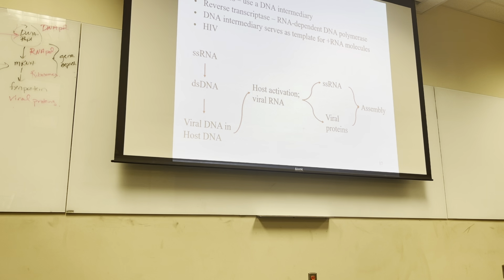It's not going to work that way. So if we can block this step, it never becomes double-stranded DNA, and so it won't produce any more of the HIV particles. Okay. So retroviruses just kind of go backwards. They require a unique polymerase for that step to occur.